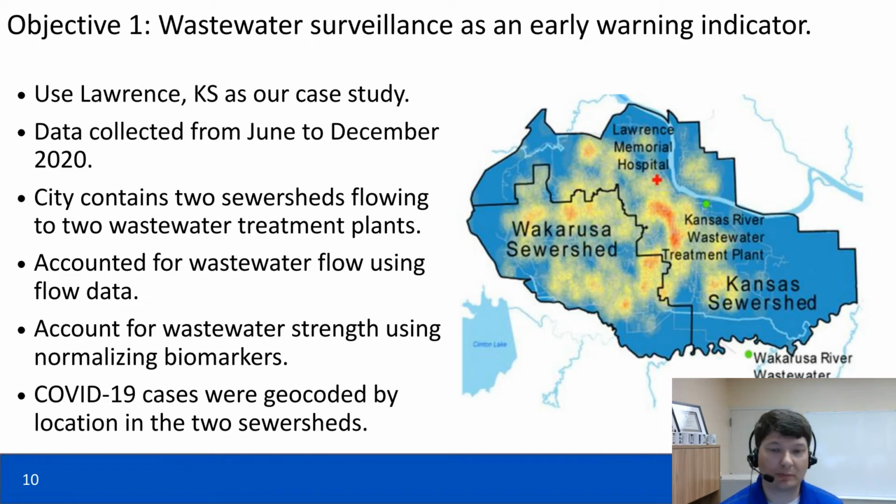And I mentioned earlier in the beginning of this presentation, the red versus the blue. Red is high case data, so this is the COVID-19 cases, and blue is lower case counts. In general, we found that the red intense areas corresponded to high student density populations. And we confirmed what we are observing with the geocoded case data by going into the sewer system.